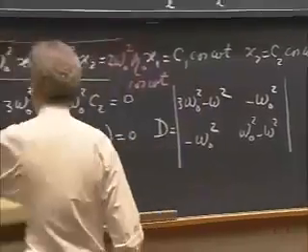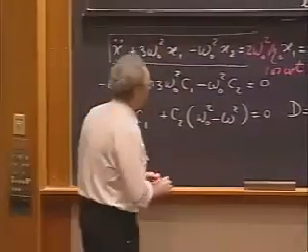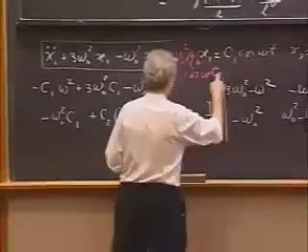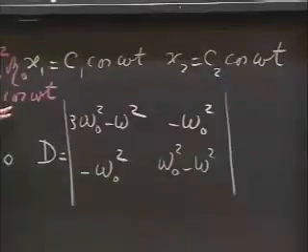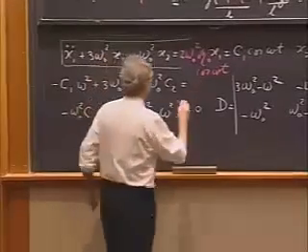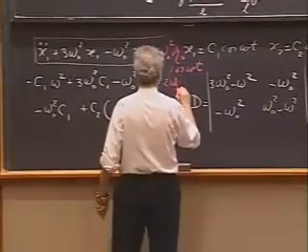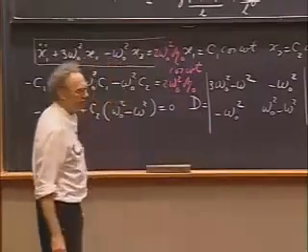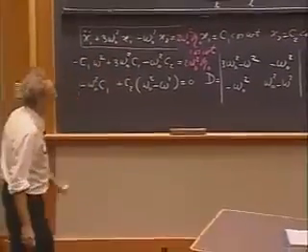So if we want to go back now to these two equations, what changes here, since we have put in this trial function, the only thing that disappears is this cosine omega t. So we end up here with 2 omega 0 squared times eta 0, and nothing else changes.